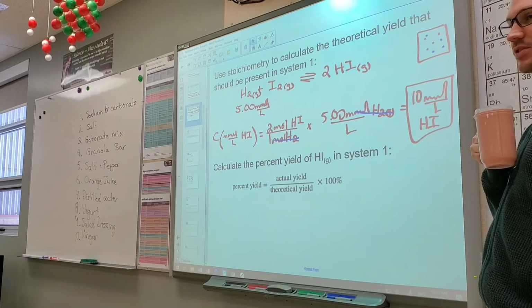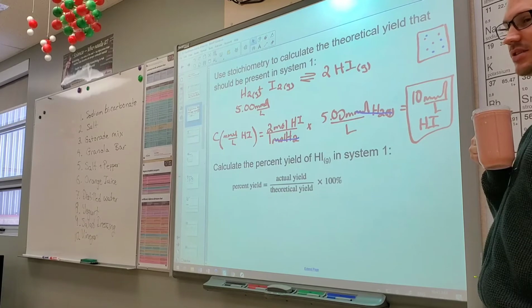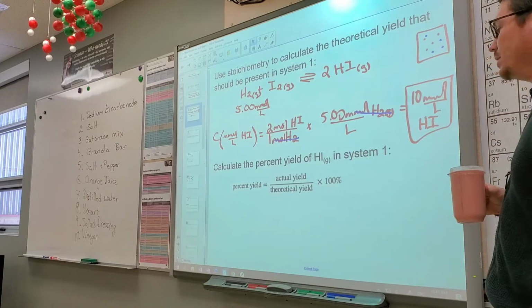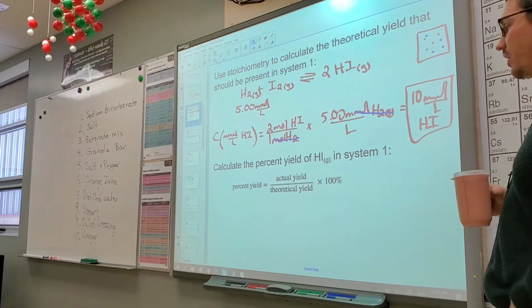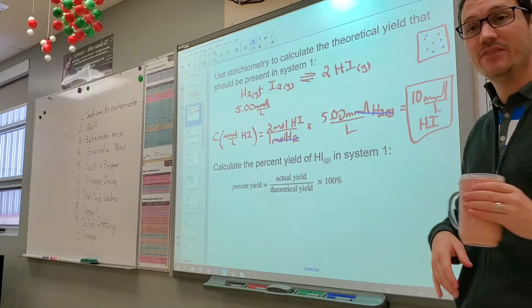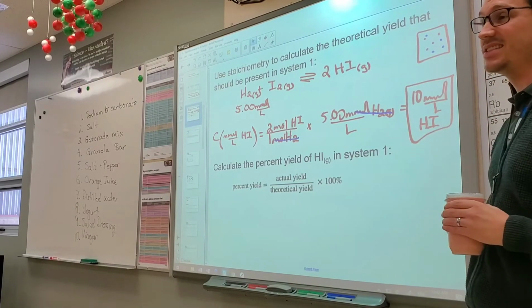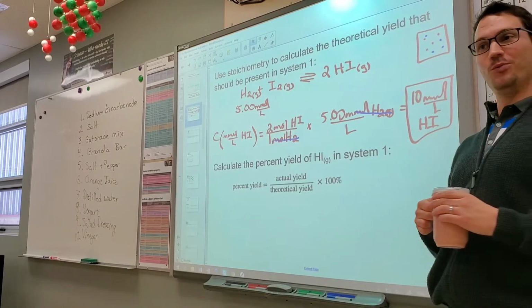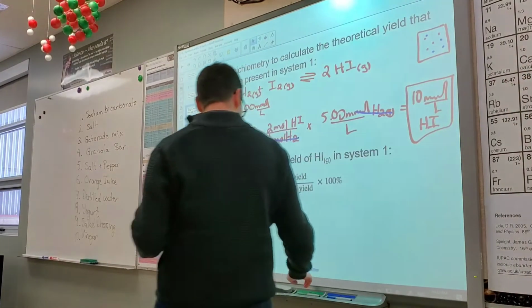Sky, what's our equilibrium concentration of our products? 7.8. 7.8 millimoles per liter. Would it be pretty easy for you to figure out what kind of a percent yield? We're expecting 10, but we actually got 7.8. What percent is that? Ooh, okay. That's all right.